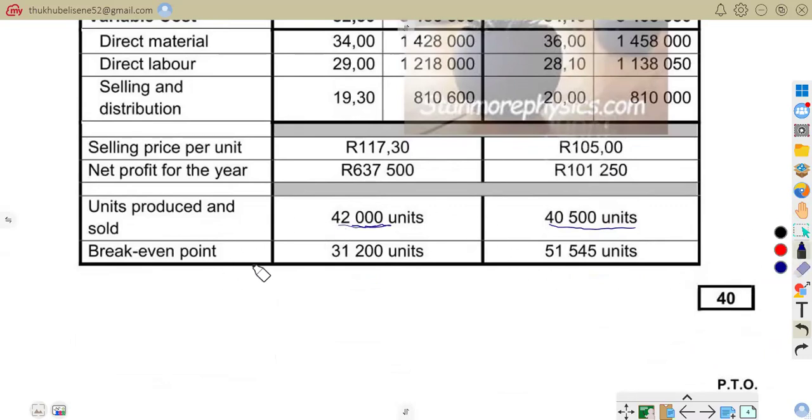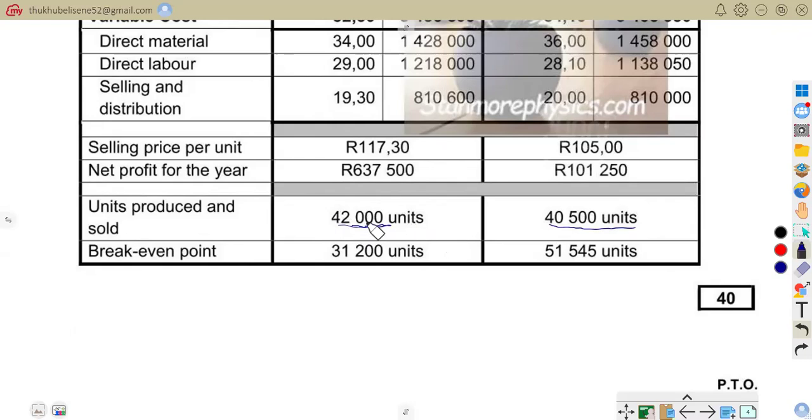We were asked why profit increased. The profit increased because our units increased. If our units increase, there will be more sales, and more sales equals more profit.